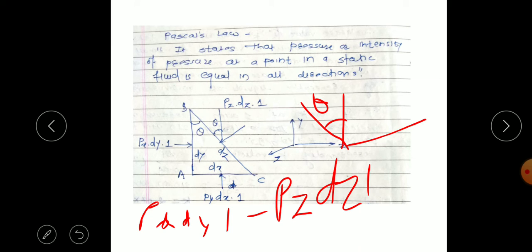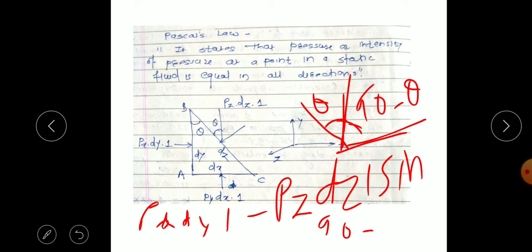So this remaining angle will be 90 minus theta. So the component along the horizontal side will be pz dz sine 90 minus theta. This z component has two components: the vertical component is sine 90 minus theta and the horizontal component is cos 90 minus theta.